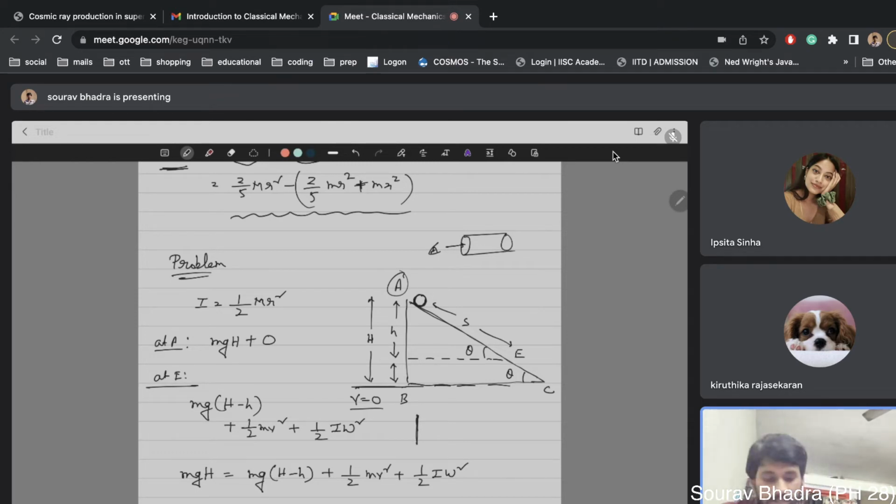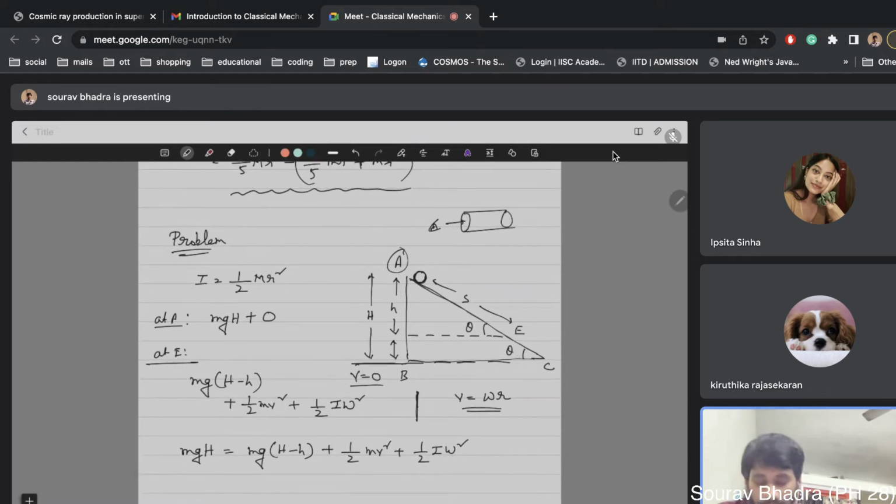For pure rotation you can write v, the translation velocity of the cylinder, as omega r, where omega is the angular velocity and r is the radius of the cylinder.